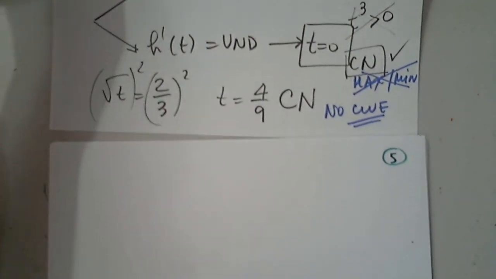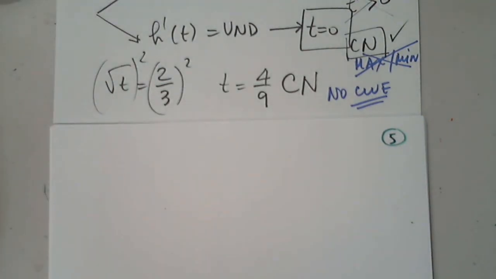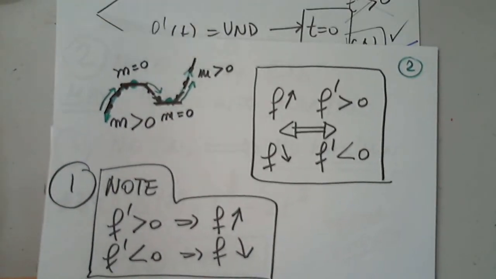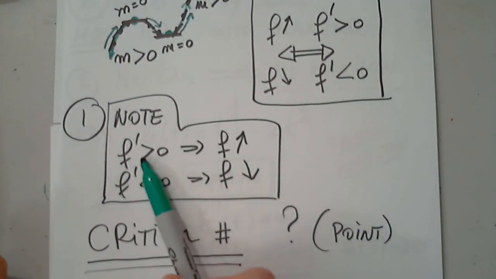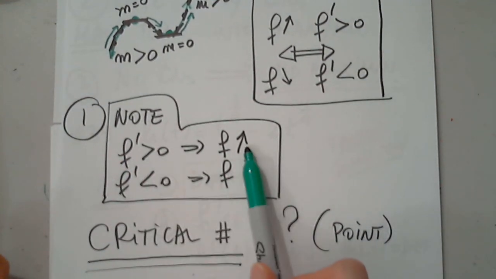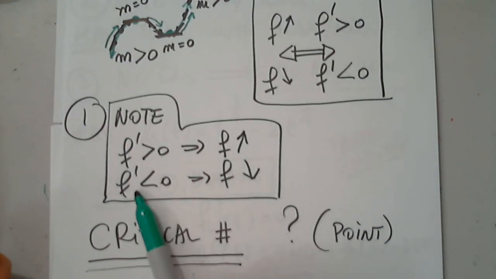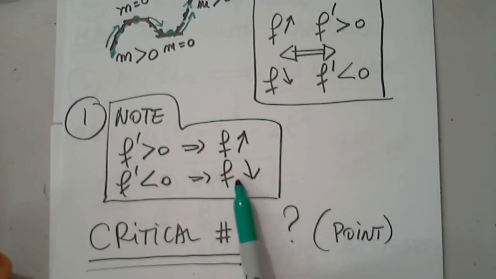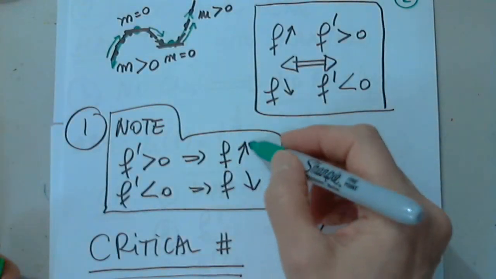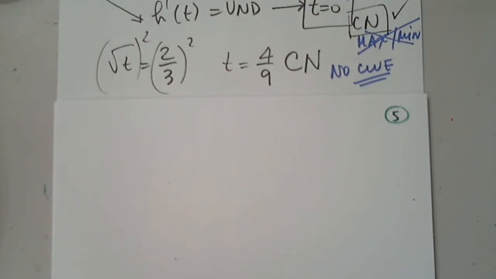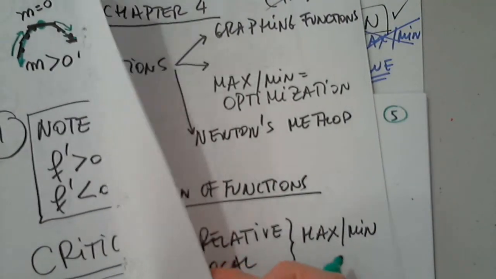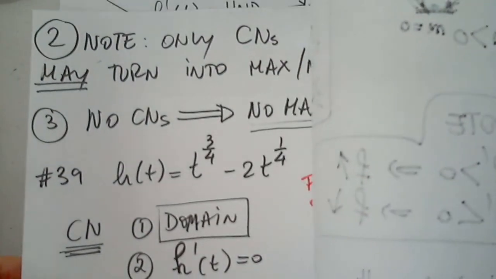Notice what I said initially with note number 1 here. Positive derivative, increasing function. Negative derivative, decreasing function. So the first derivative tells us increasing, decreasing, and also max, min. I think I put a note 3 somewhere with the critical numbers. Yes, I have 2 and 3.